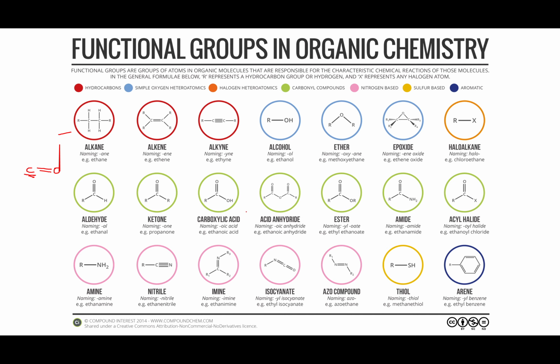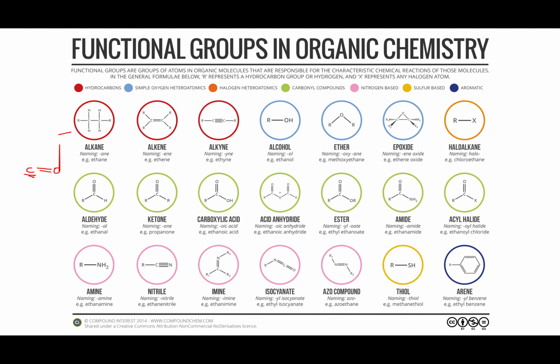For acid anhydride, the hydrogen in your OH group is replaced by another carbonyl carbon, another carbon-to-oxygen double bond, and then R, which is a carbon. Now for ester, let's go back to carboxylic acid. The hydrogen will be replaced by an R group, and an R group is a carbon atom. It can either be one carbon atom or a long chain of carbon atoms. So that is for ester.